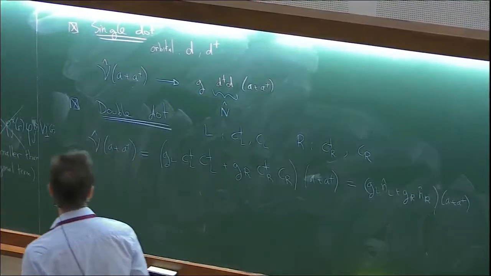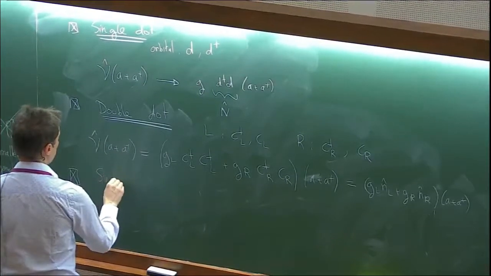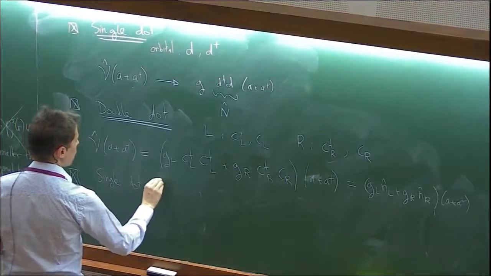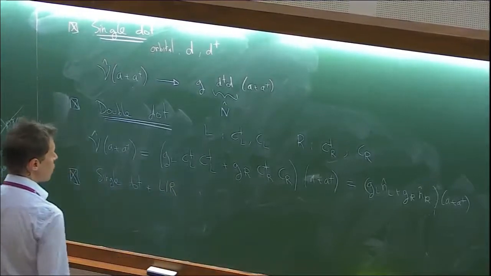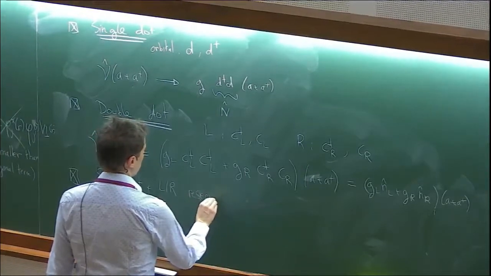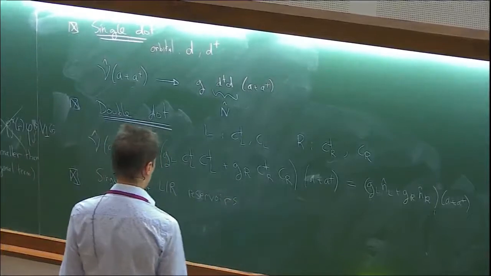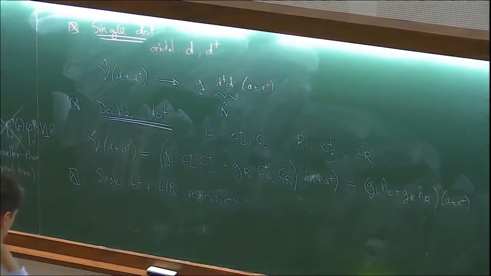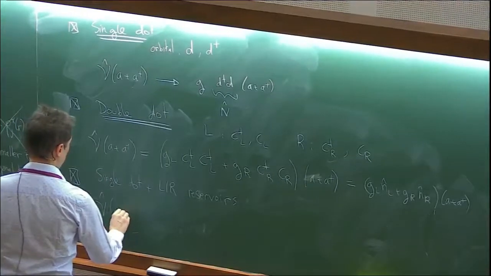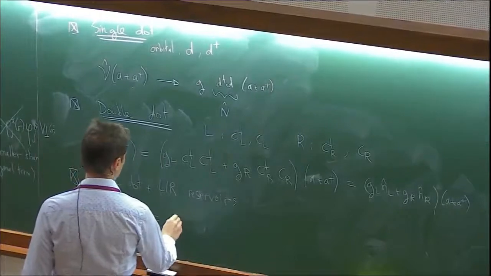And then one other very important case is when you have, let's say, a single dot plus left-right reservoirs. This is going to be very important, for example, if you want to drive the thing out of equilibrium. And so in this case we have a similar term.